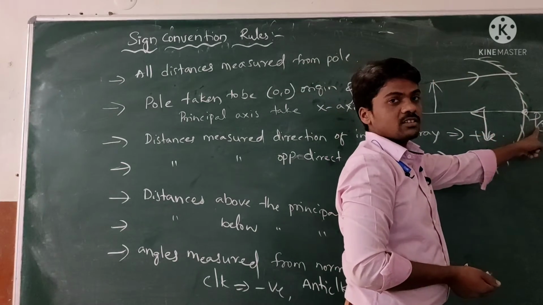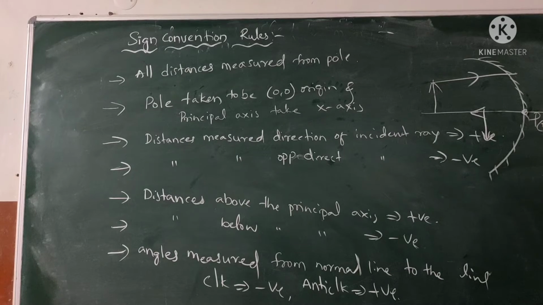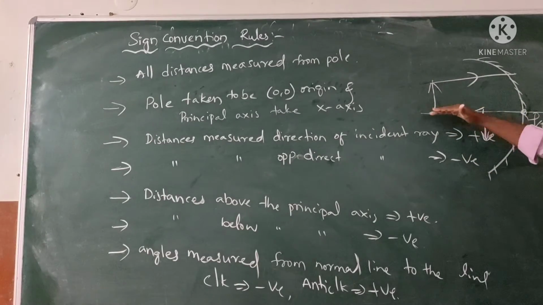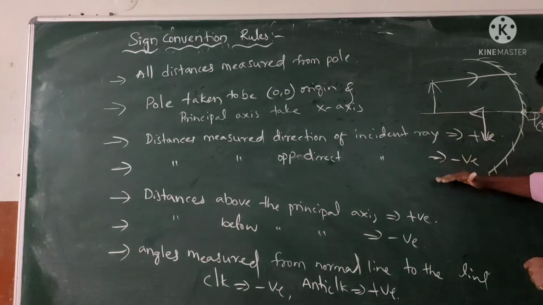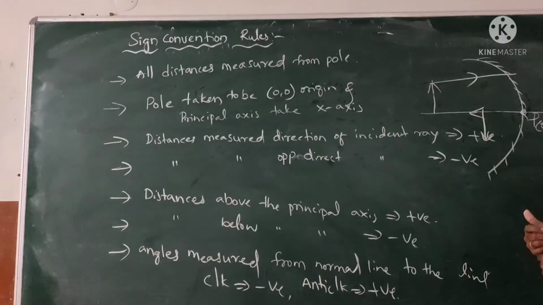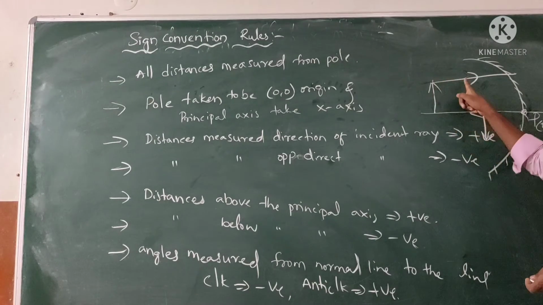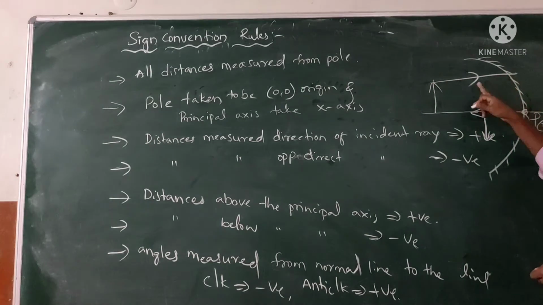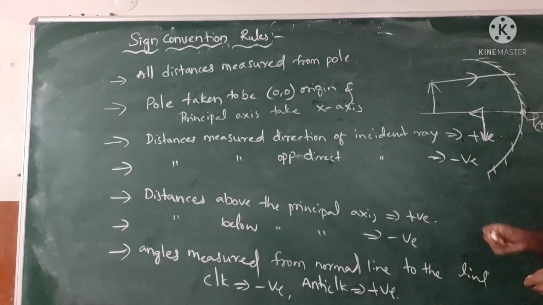This is the origin; this side is positive and the left side is negative. Above the principal axis is positive, below is negative. Here the object, the candle, is at this position, and this is the incident ray. The direction is opposite, which means negative.